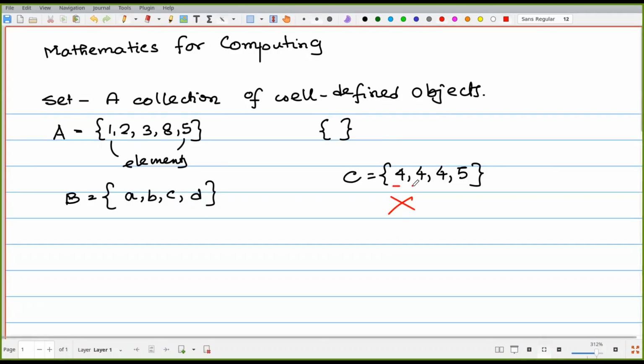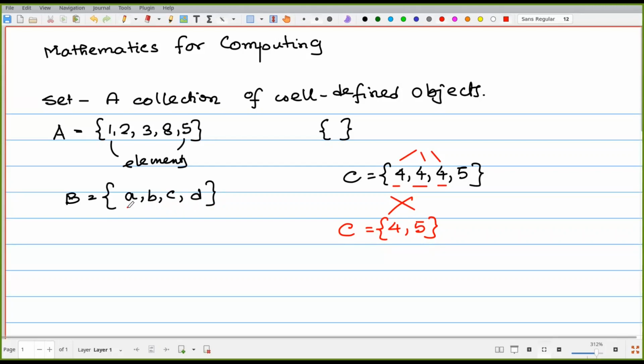Because the element 4 is appearing 3 times. Each and every element in the set must appear once. Only one appearance for each element. So we can write C as 4, 5. That is the notation of the set C.